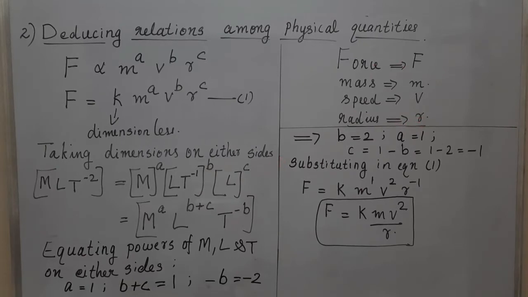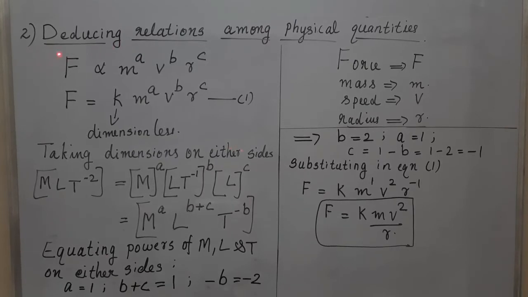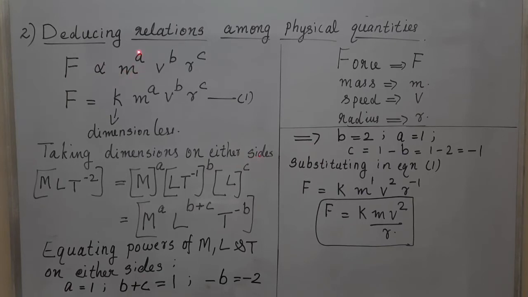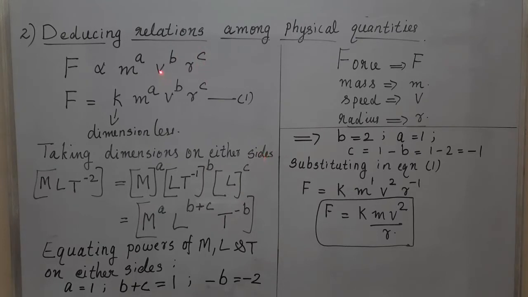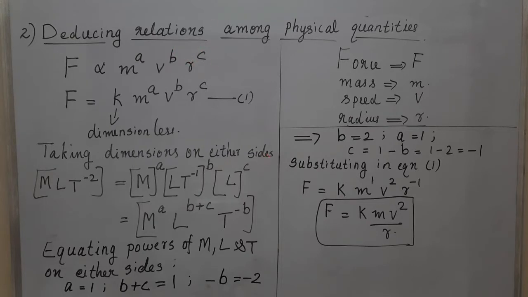From this information, we can write an approximate proportionality relation, that is F is proportional to m raised to a, v raised to b, r raised to c, because we don't know the powers. From force depending on mass, speed and radius, we can write proportional to m v r, but we don't know what is the power of m, v and r.